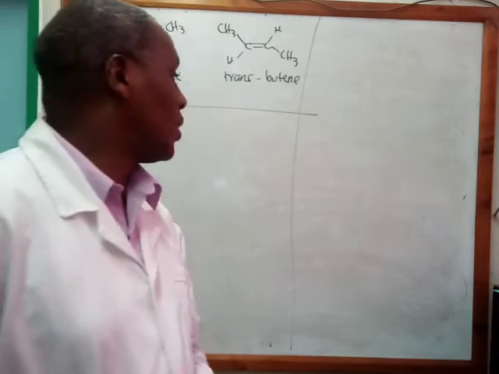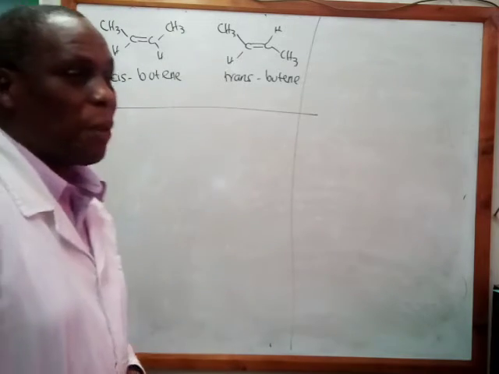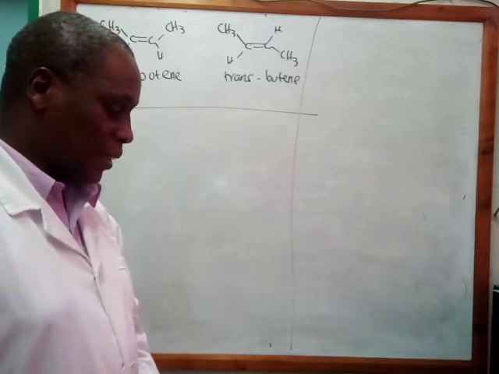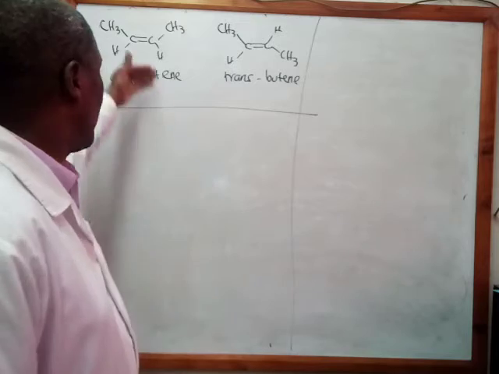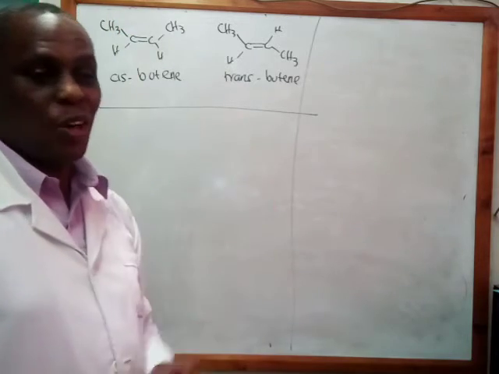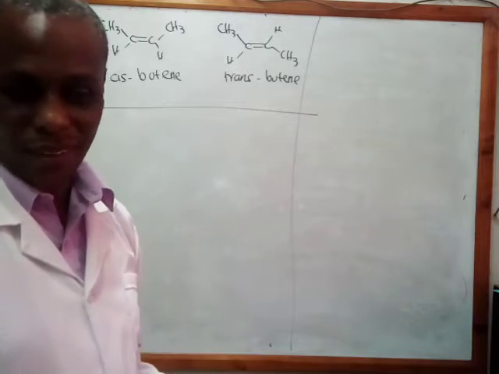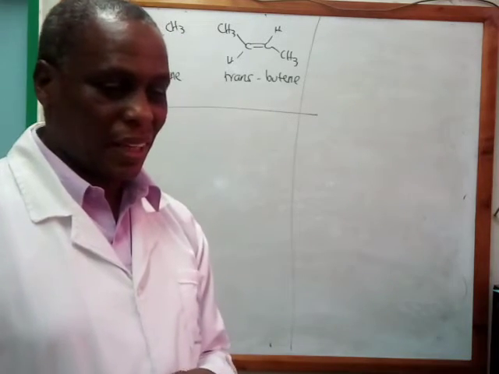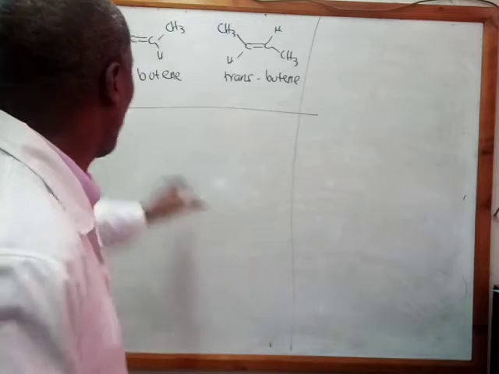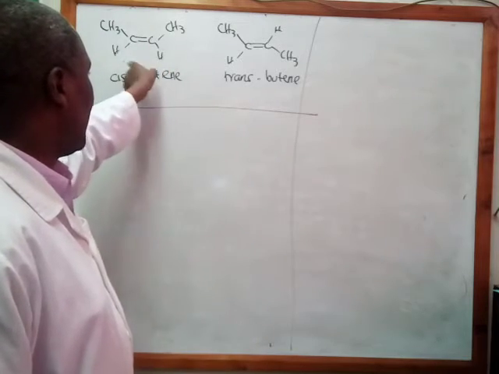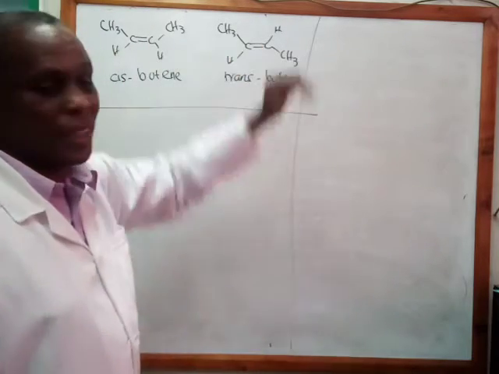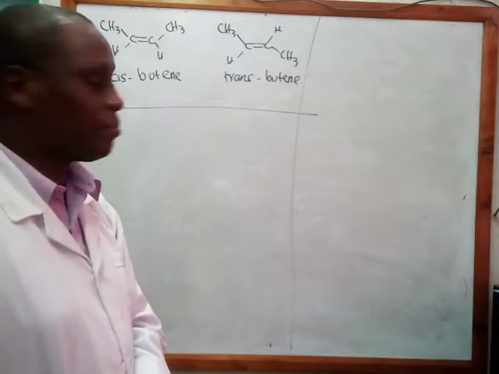By biological activity, it means that the alkenes with hydrogens on the same side are going to be affected differently by things we call enzymes. Enzymes are biological catalysts. The way they affect the alkenes with the hydrogens on the same side and those across, you're going to see later.